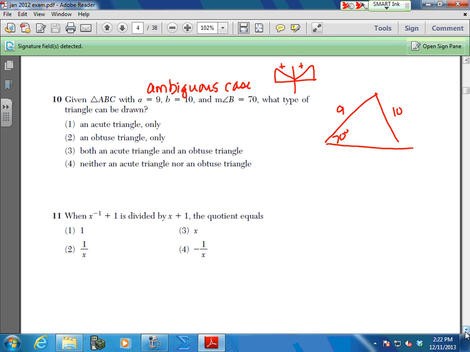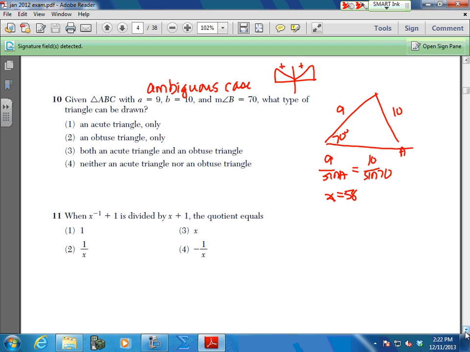Again, you can set up your law of sines, because we're going to look for this guy. And when you cross multiply, remember you're getting a sine, and then you're going to have to do second sine and find the angle.